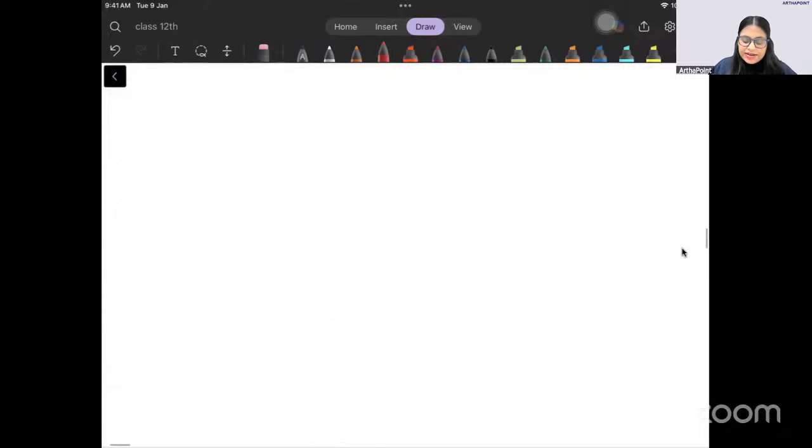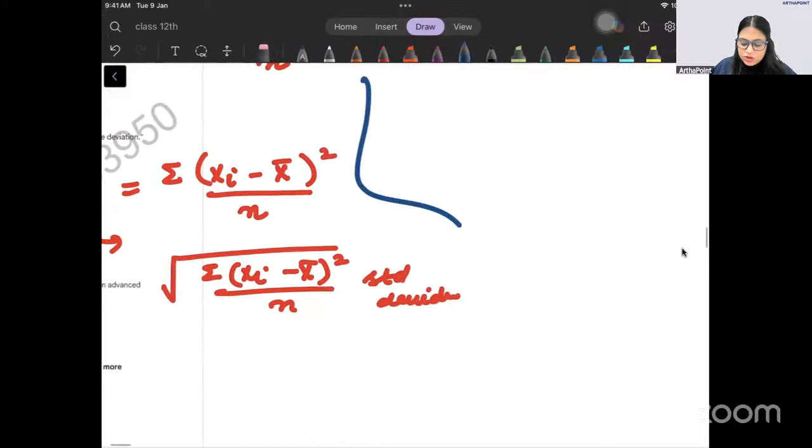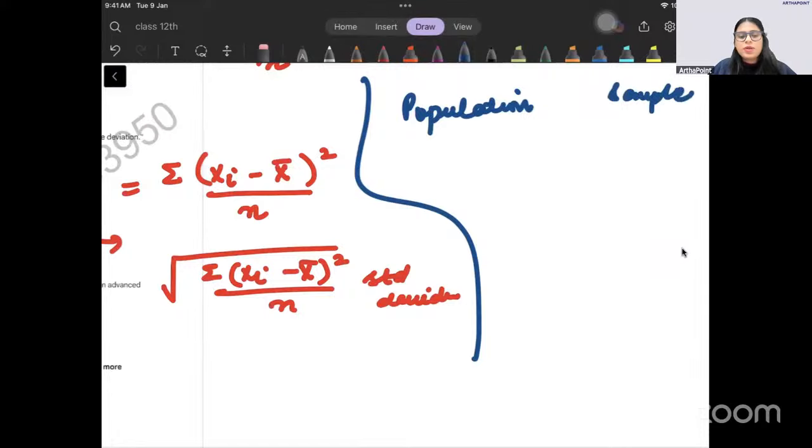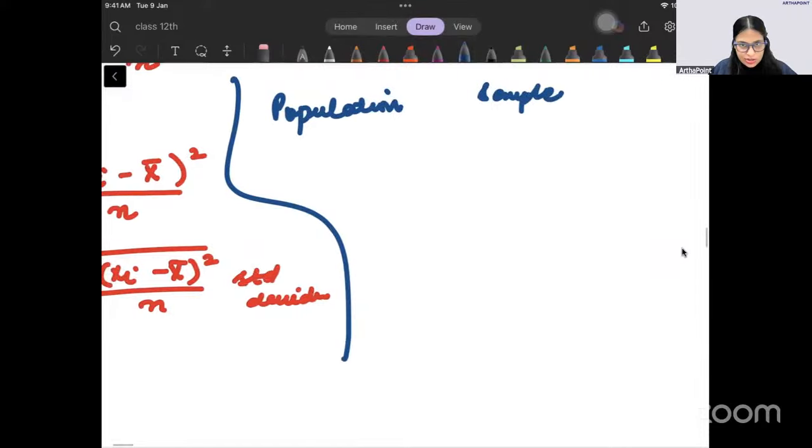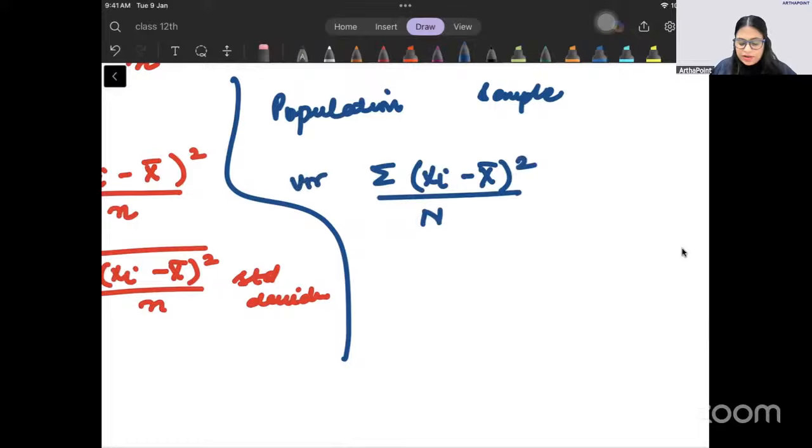अब एक चीज standard deviation में याद रखना है, which we usually do in hypothesis testing, that the formula differs for population and sample. If it is population, then it will be summation (xi minus x bar) whole square divided by n. This will be variance and its under root will be standard deviation.